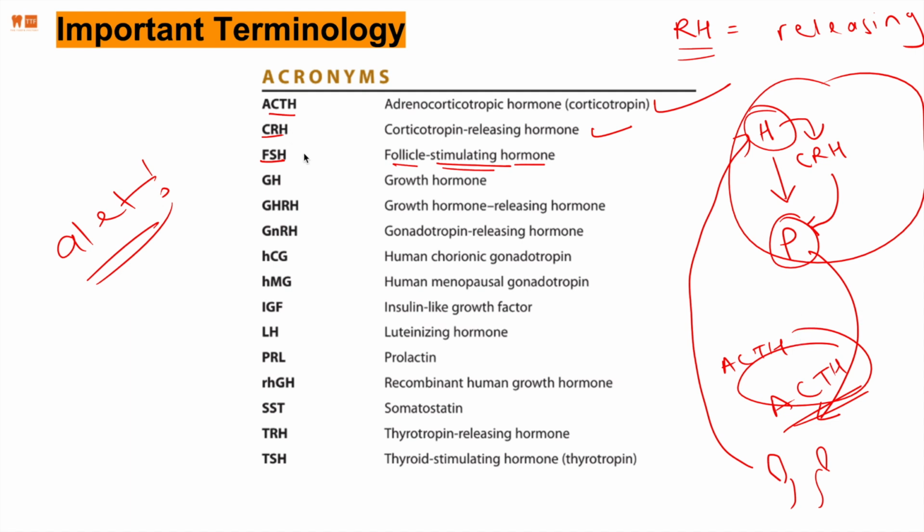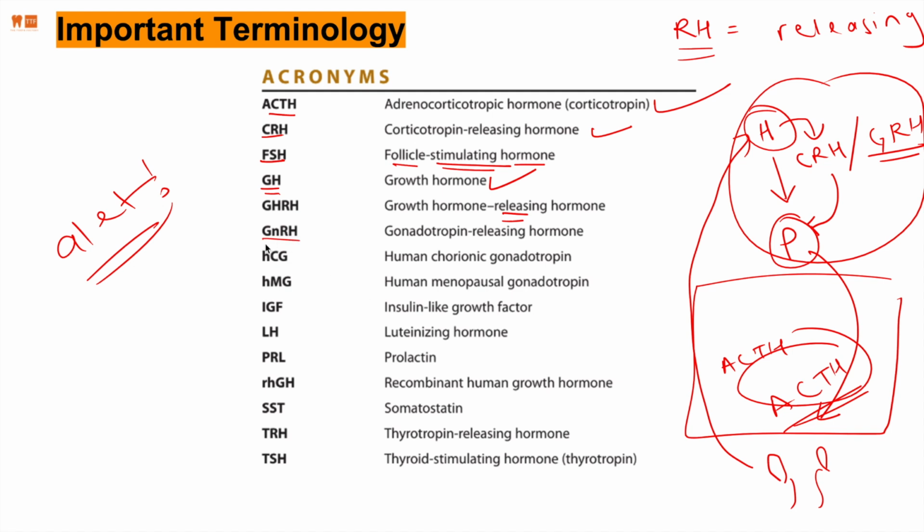So similarly, FSH will become a part of the journey from pituitary gland to target organs because it's stimulating. Same thing with GH, growth hormone. It will play a role in this section here. Growth hormone releasing hormone, where will that play? Right here. Perfect. So that concept is clear, you guys?